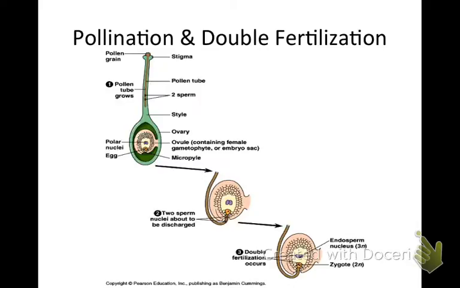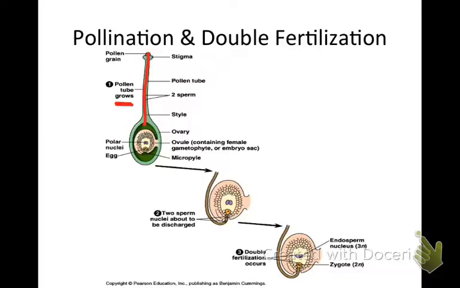Now we're moving on to double fertilization. So how this works is that there's a pollen tube right here, and the sperm will travel down the pollen tube, and then one of them is going to dig a path for the other two sperm to come in and fertilize the egg inside this ovary.